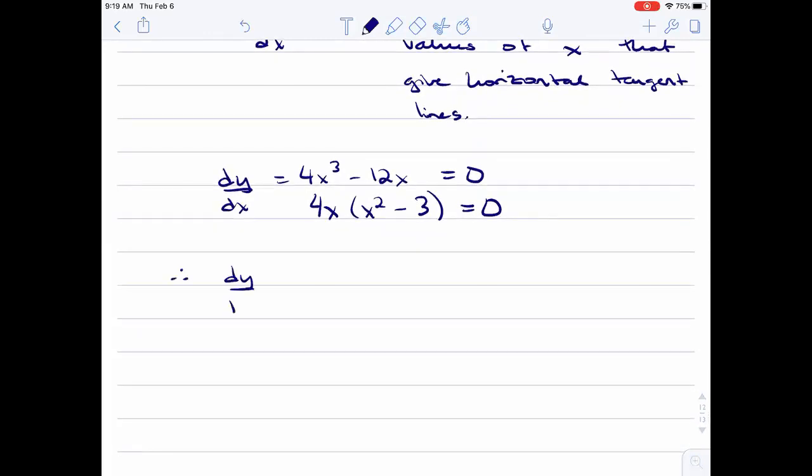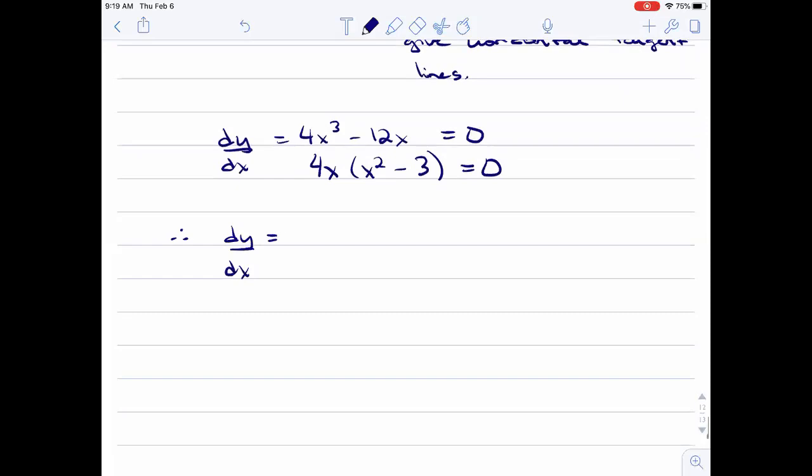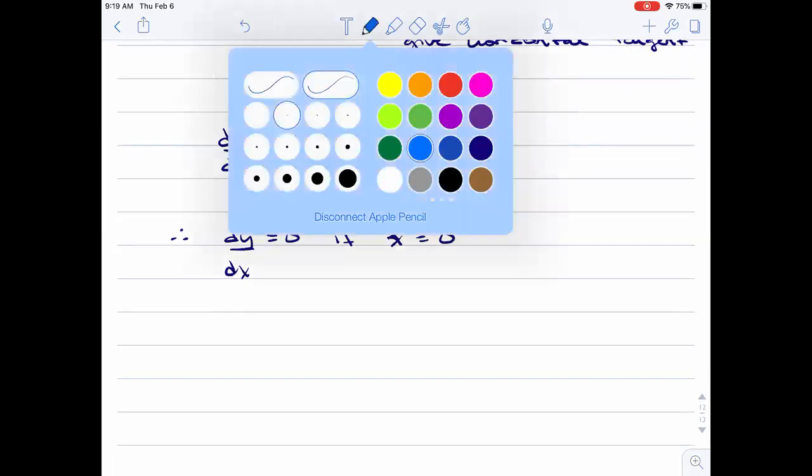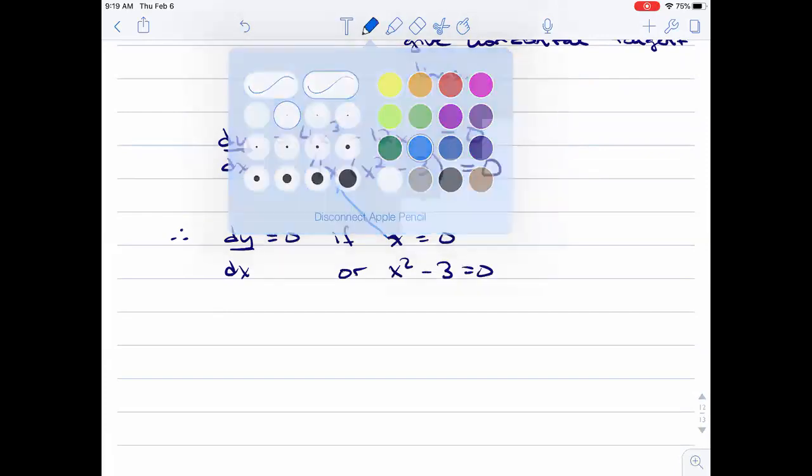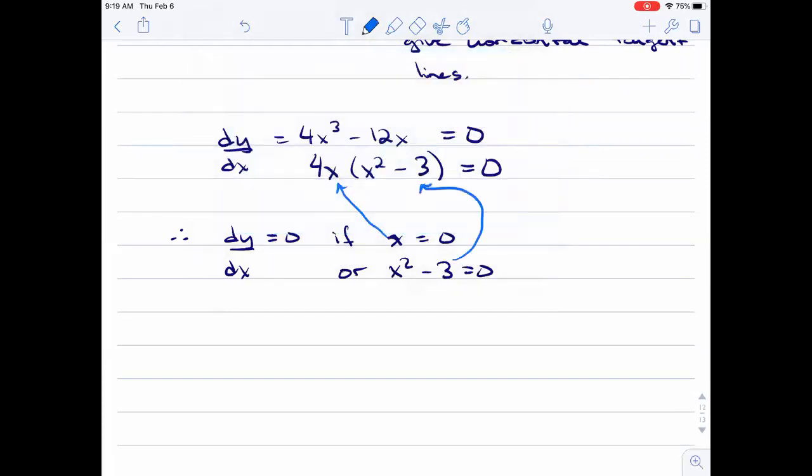Therefore, I can say that dy dx equals 0 if x equals 0. And that's from here. Or if x squared minus 3 equals 0, which is from here.